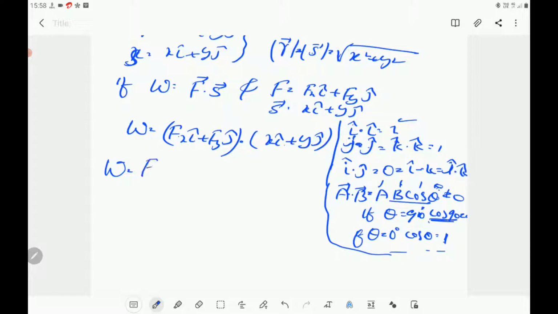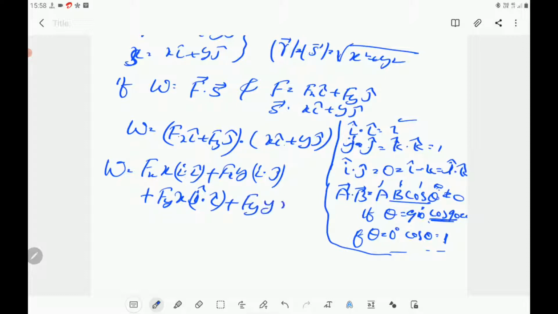First you write fx into x, i dot i, you write this way, plus fx into y, i dot j, plus the second component, fy times x, j dot i, plus fy times y, j dot j, that's it.